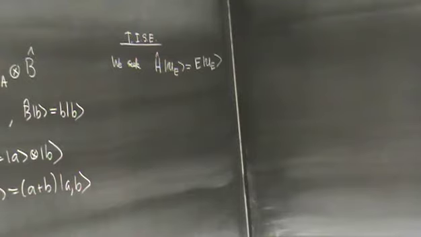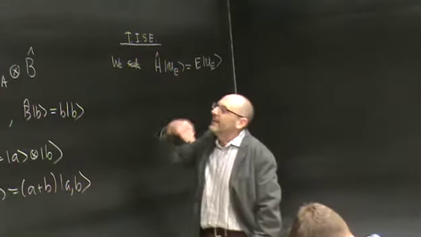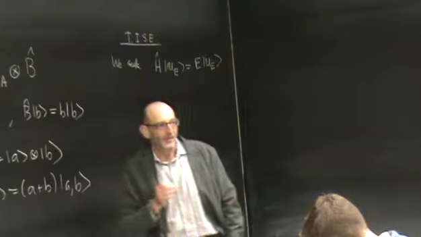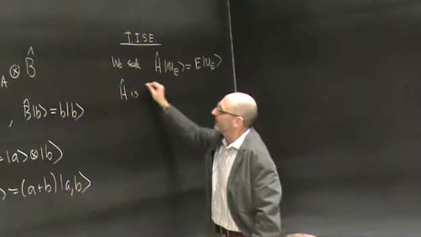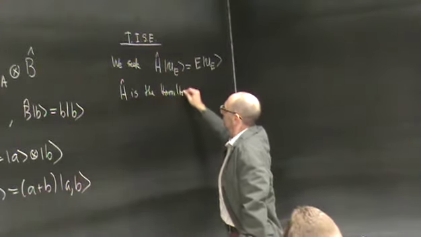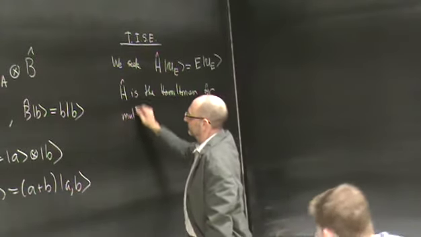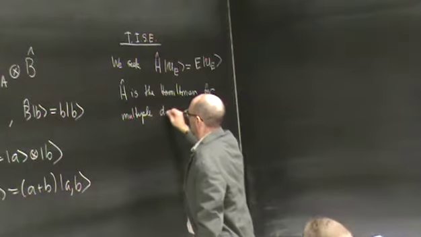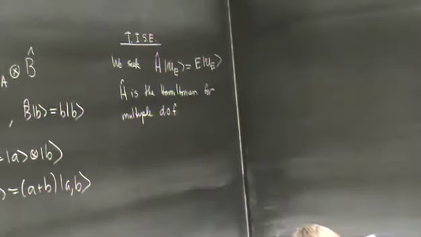So now there are a special class of cases where the Hamiltonian is of this form. Okay? So suppose H is the Hamiltonian for multiple degrees of freedom. Okay? Many particles, many spatial dimensions, as much as we like.